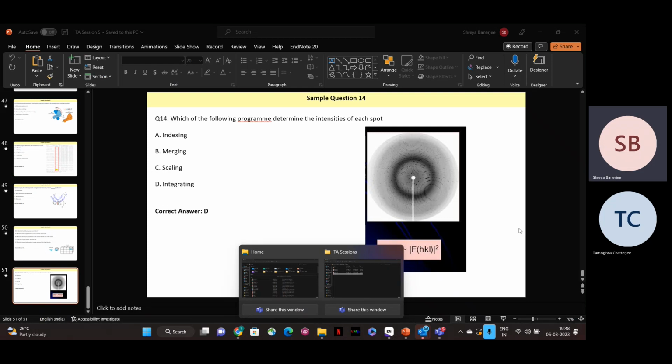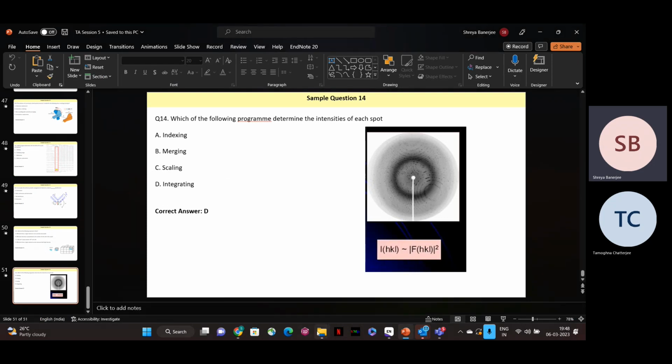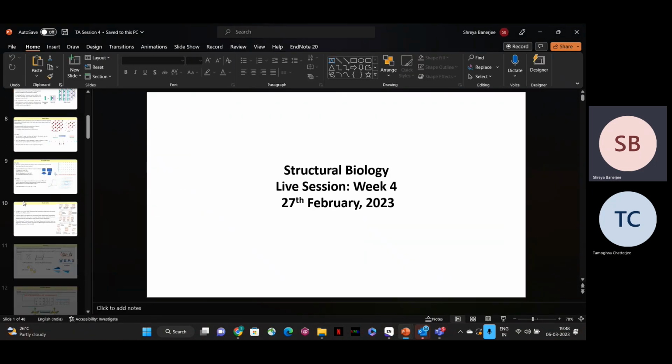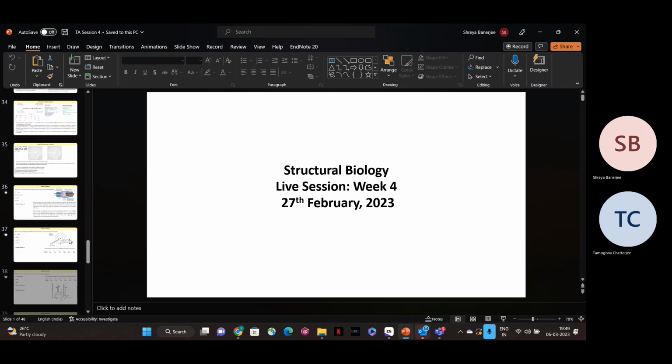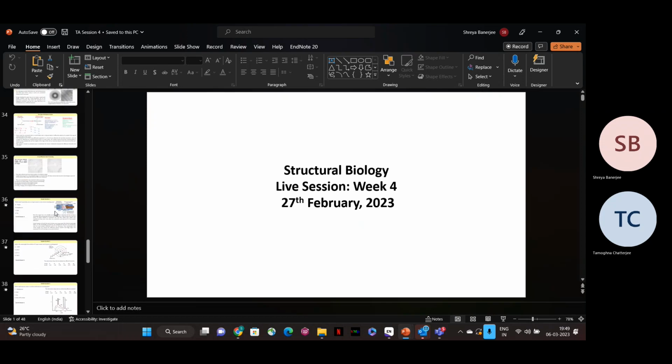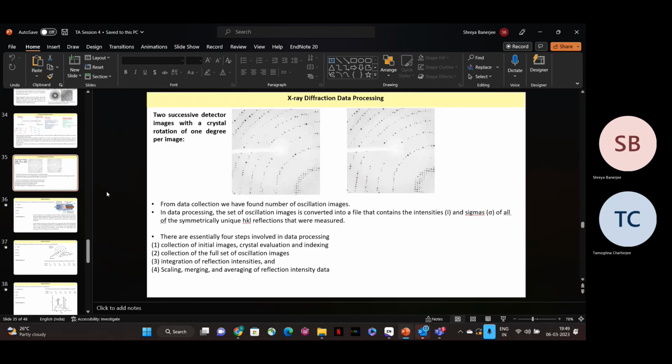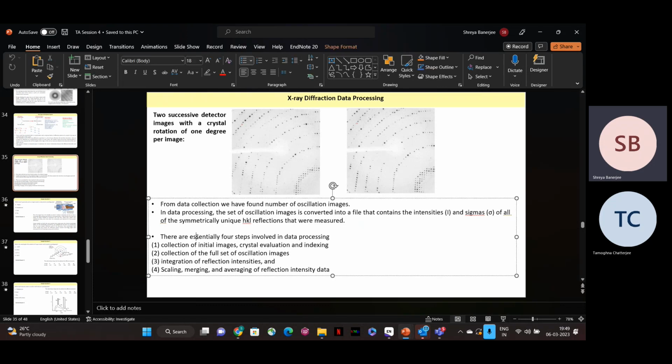Actually I don't have slides on that, but I think all I had was this. This was from the previous lecture. So what sir had said is that there were 4 steps in the data processing.